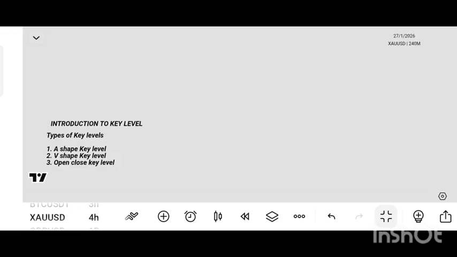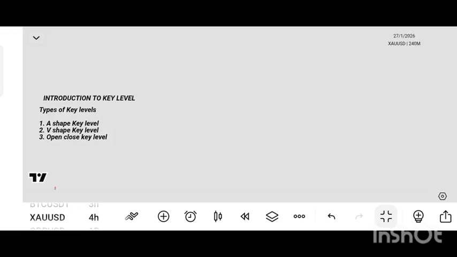So, introduction to key levels. We have 3 types of key levels when it comes to SLK. Number 1, we have the A-shaped key level, a key level that looks like an A. We have the V-shaped key level, a key level that looks like a V. And we have the open close key level.